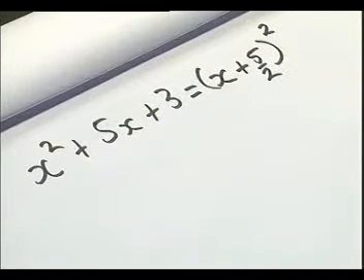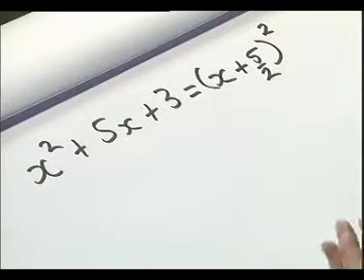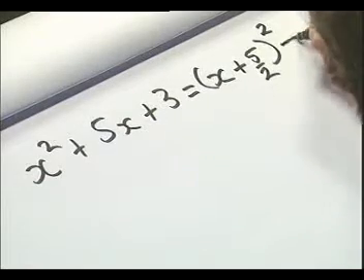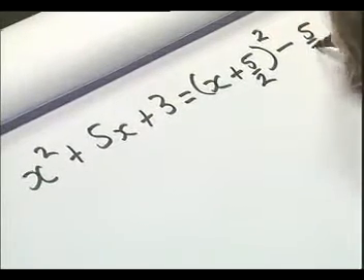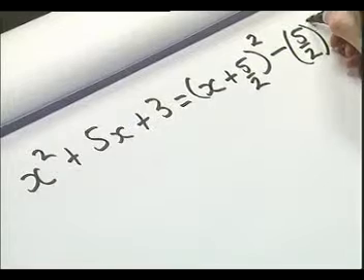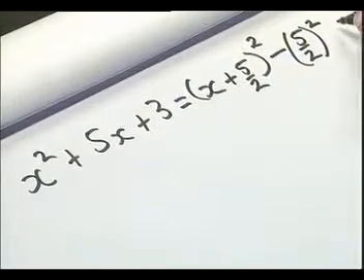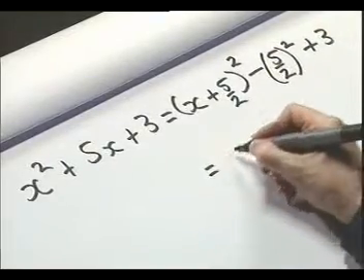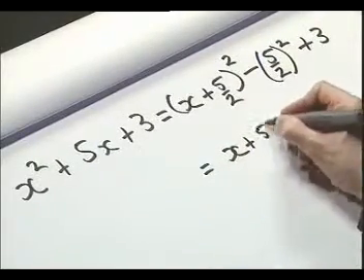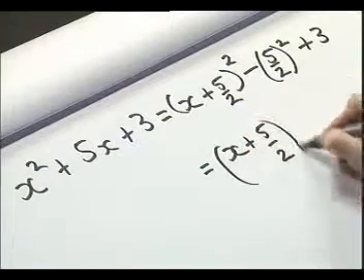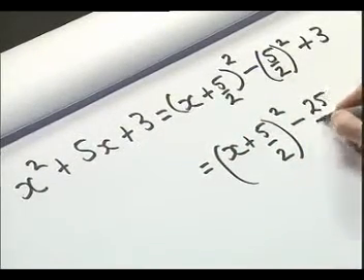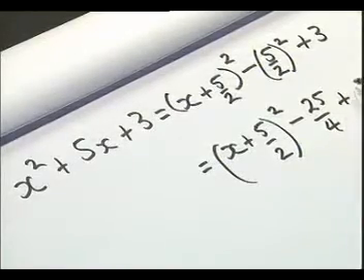If we were to multiply out this bracket, we would be adding on an additional a squared, where 5 over 2 is the a. So we've got to take that away. Take away 5 over 2 squared. And then at the end, we've got plus 3. So this gives us x plus 5 over 2 all squared minus 25 over 4 plus 3.